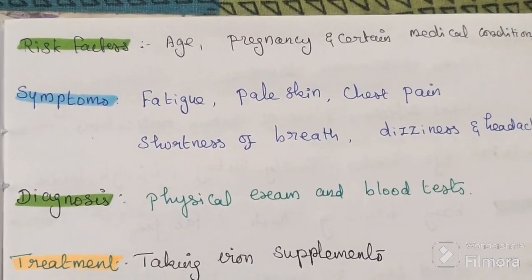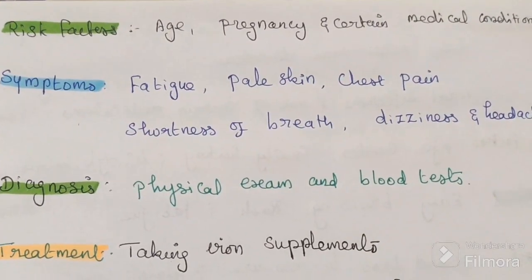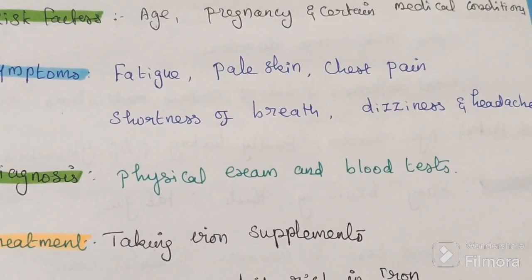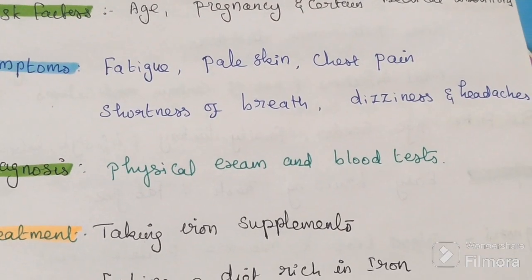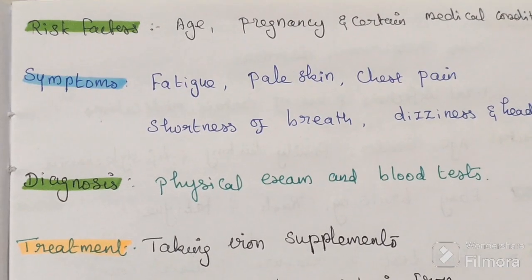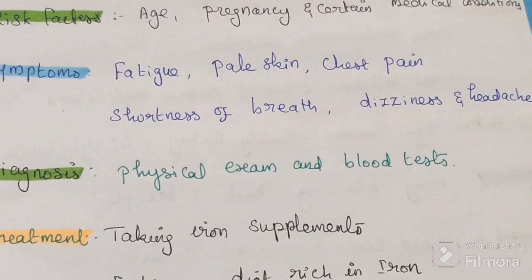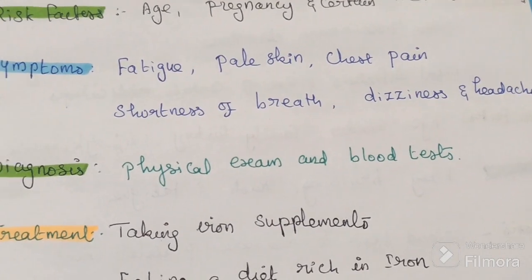Then what are the symptoms of anemia? Fatigue, pale skin, chest pain, shortness of breath, dizziness, and headache.